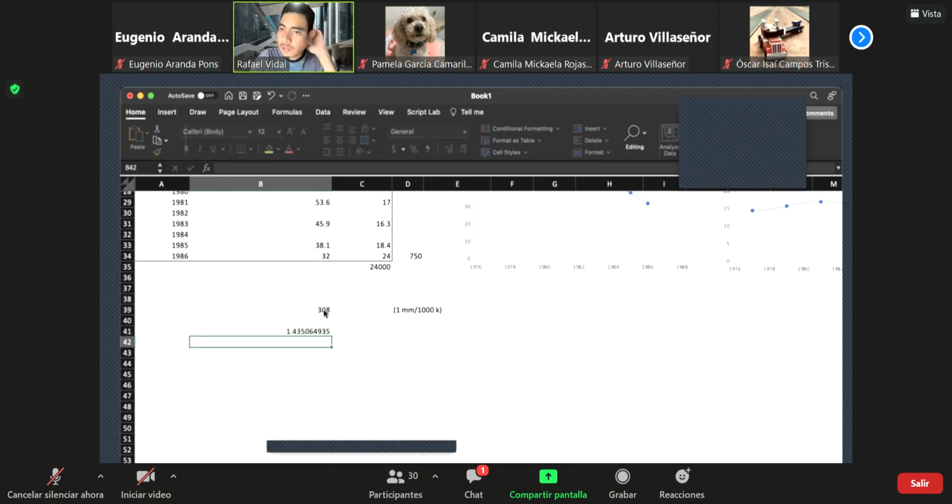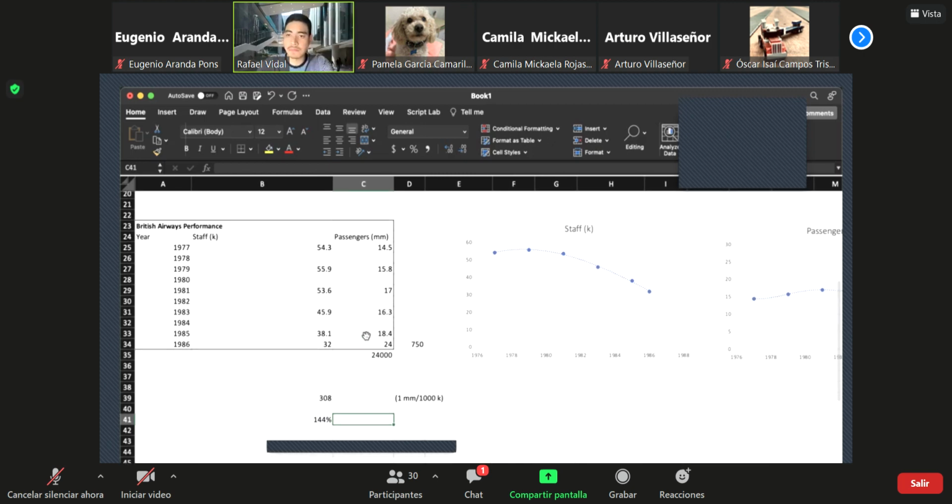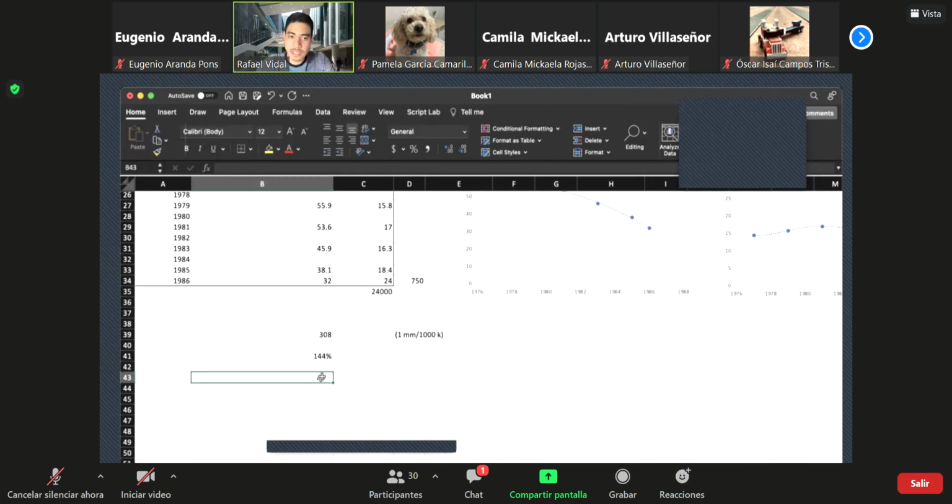That's how you calculate the percentage increase. I think you have done that in some class, I guess. So it's 144%. In fact, if I assume this increase in productivity is the same for all the industry, because technology usually advances at the same pace, and I calculated Ryanair's at this time, I'm going to copy this here.